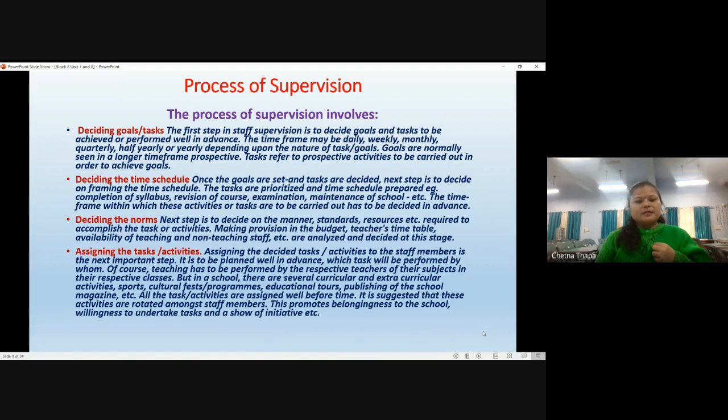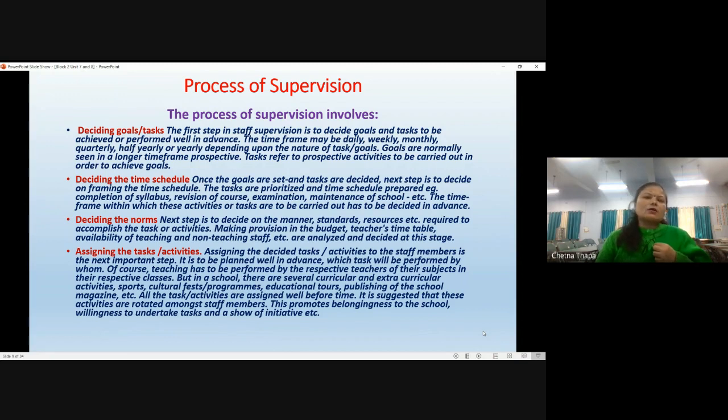There might be various subject teachers in your institution, so that particular subject teacher will be entrusted with his or her subject responsibility, like teaching classes. But in a school, there are other activities apart from teaching. There are other extracurricular activities like sports, cultural fest programs, educational tours, the publishing of school magazines.